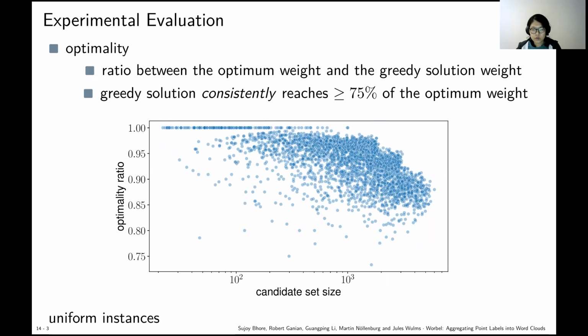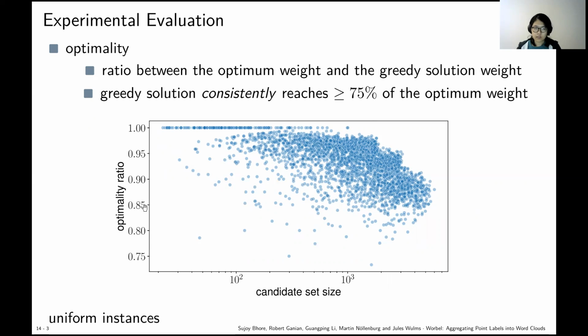Then we want to compare the quality of the greedy solution and the optimal solution. Here we compare the ratio between the optimal weight, the maximum weight computed by the exact solver, and the greedy solution weight. By this experiment, our greedy solution consistently reaches more than 75% of the optimal weight.